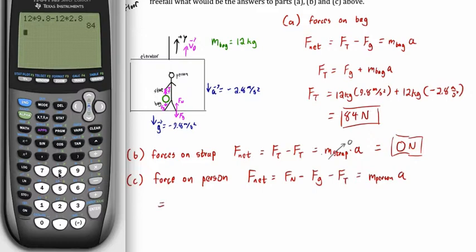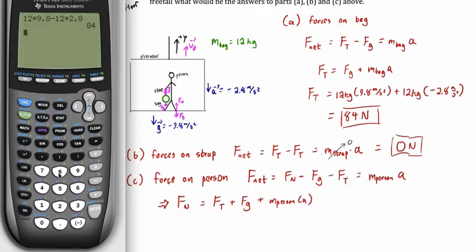Okay. So when we move on to do that, the normal force is going to be equal to the tension force plus the gravitational force plus the mass of the person times A, which will be negative, as we will soon see.